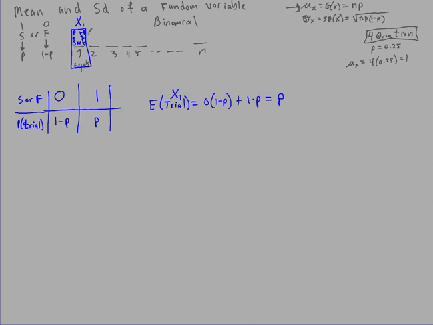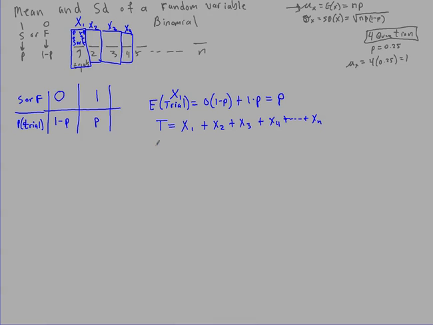We know the binomial is made up of a lot of these trials. This is the first one, this is the second trial, which is the same as the first trial, this is the third one, this is the fourth one. We could combine these random variables. Let me do it this way: the total T is x1 plus x2 plus x3, all the different trials, every single trial, all the way up to xn.